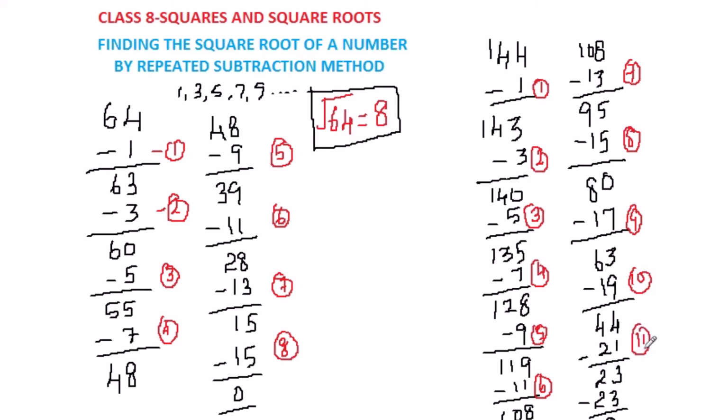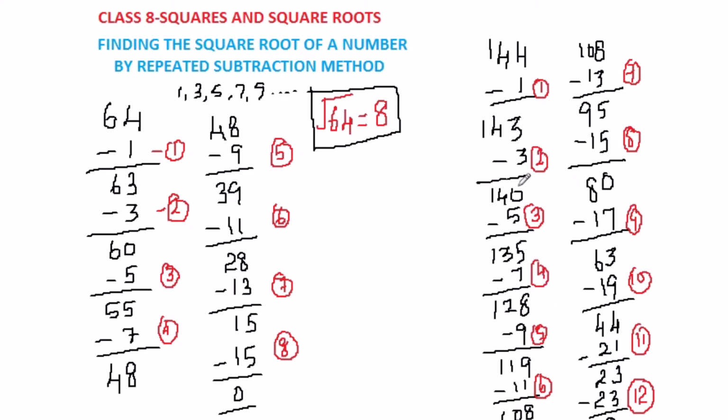So with the number 144, if you go on subtracting the odd numbers minus 1, minus 3, minus 5, minus 7, minus 9, etc., you need to subtract 12 times to get the answer 0.